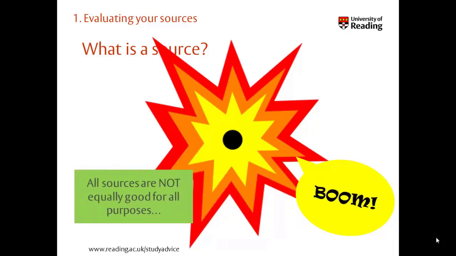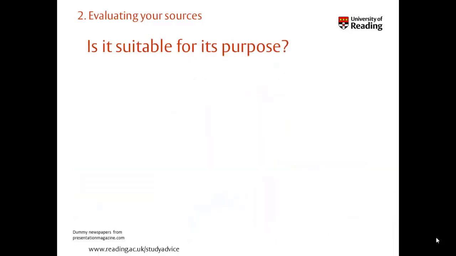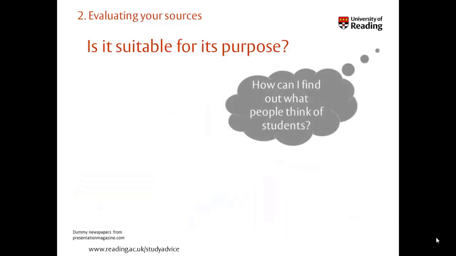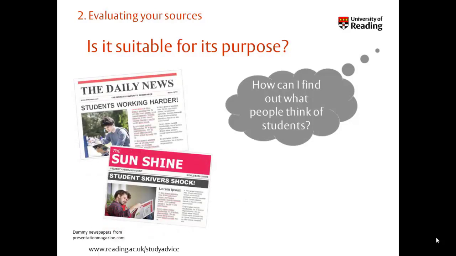You need to think about what you want your source to do and evaluate whether it's suitable for that purpose. For instance, you might want to find some evidence for how popular ideas about students are formed, and for that, a newspaper article could be a good example to discuss. But if you wanted to give your argument some scholarly authority, which is what most people are looking for from their references, you need to refer to sources which are authoritative themselves.